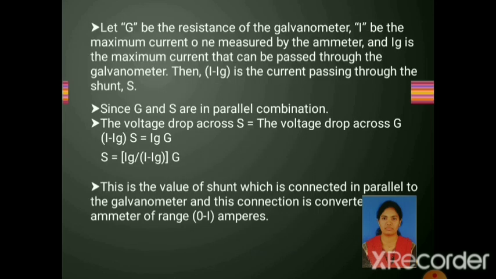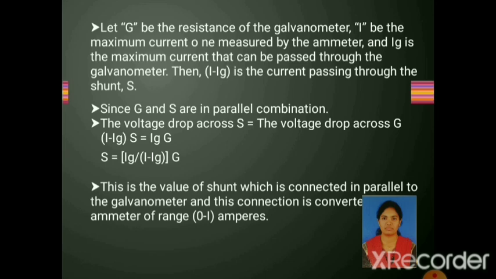Since G and S, the galvanometer and shunt, are in parallel combination, the voltage drop across the shunt is equal to the voltage drop across the galvanometer. Voltage drop is resistance into current.